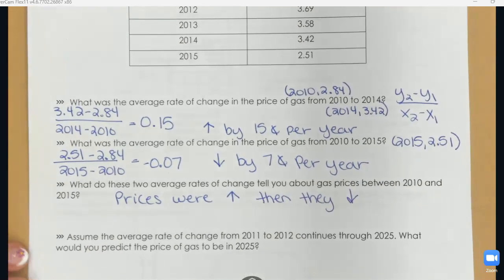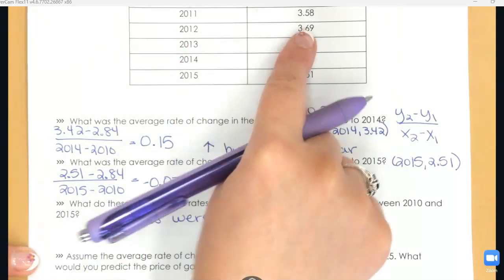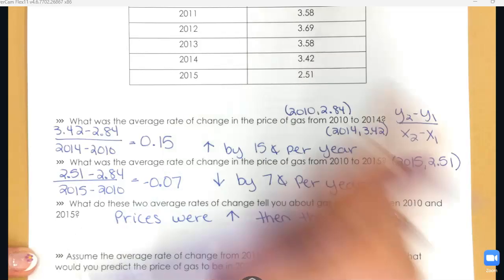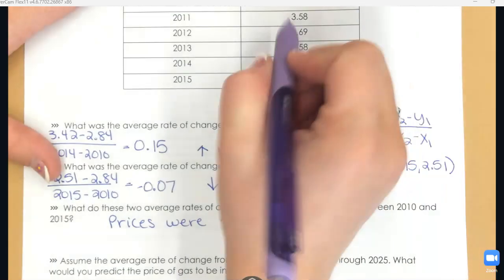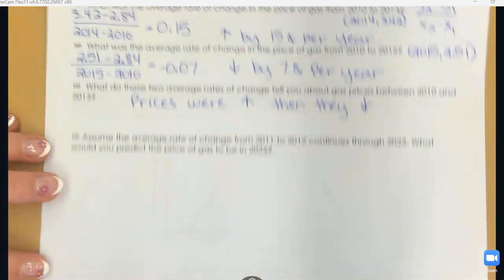So if we were going to assume that the rate of change from 2011 to 2012 continues through 2025, what would we predict the price of gas to be in 2025? So we need to find the 2 prices in 2011 and 2012. In 2011, it was $3.58. In 2012, it was $3.69. So we are going to find the slope between these 2 points for the final part.